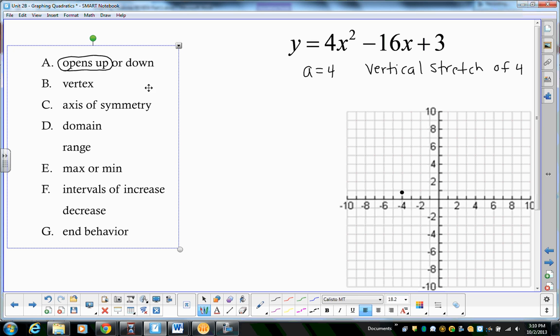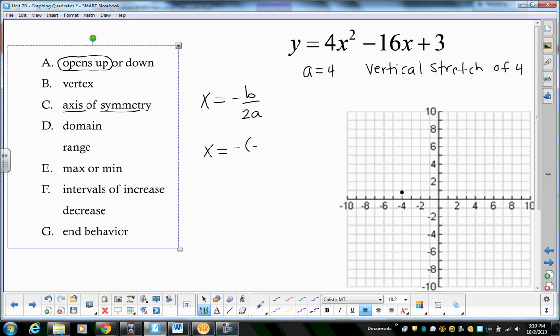Okay, so next I need to know the vertex. So I could complete the square and put it into vertex form, or I could use the new thing that we learned. So we talked about, in order to find the axis of symmetry, I can use the equation negative b over 2a. I know my b term here is negative 16, so I just plug that in.